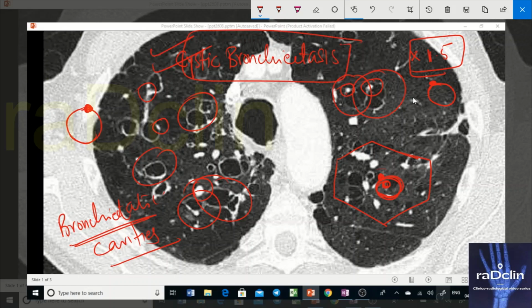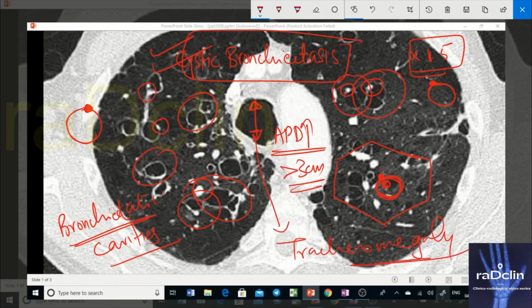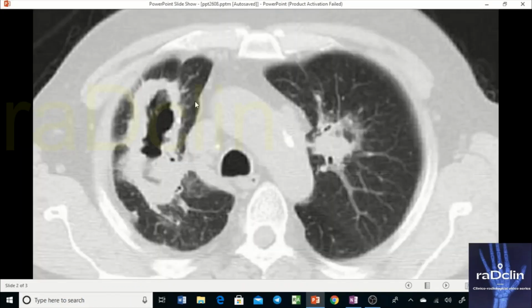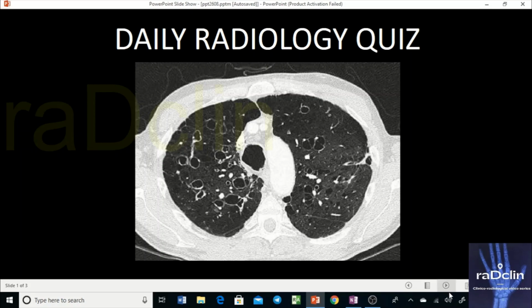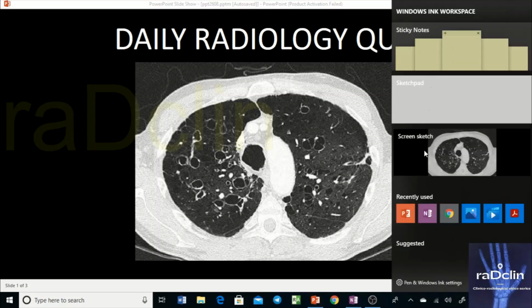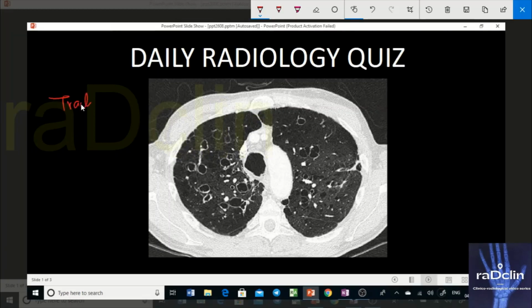So you have cystic bronchiectasis, and another finding that we saw is the enlarged AP diameter of the trachea. It appears more than 3 centimeters, so I would call it tracheomegaly. Now I have to write these findings: I have tracheomegaly, and I have cystic bronchiectasis.